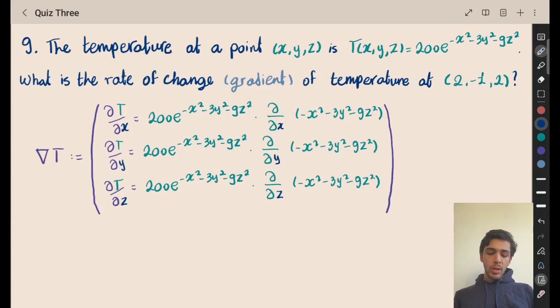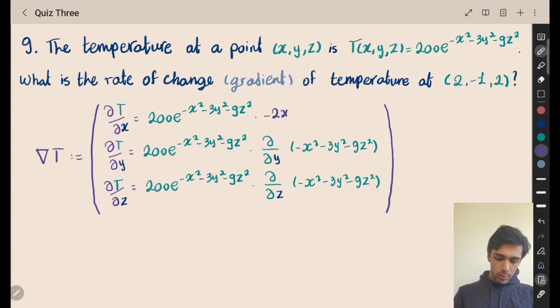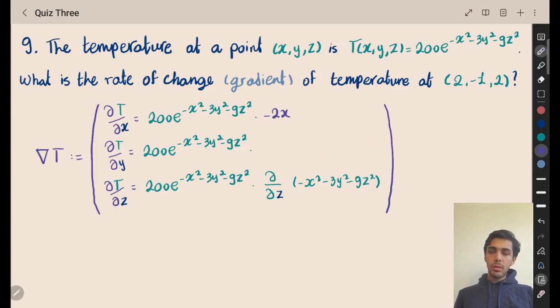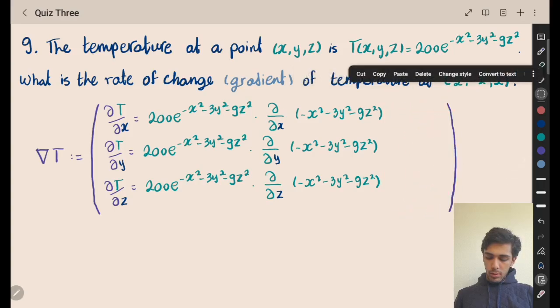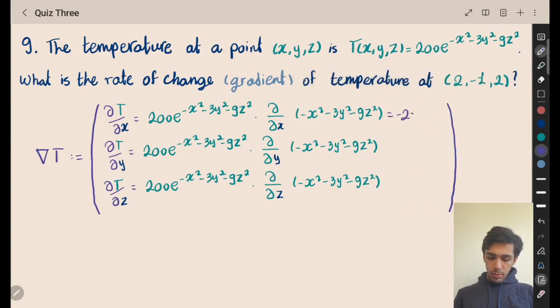So this is good. Take the partial of this with respect to x, you get minus 2x. Take the partial of this with respect to y, you get minus 6y, and here you get minus 18z.